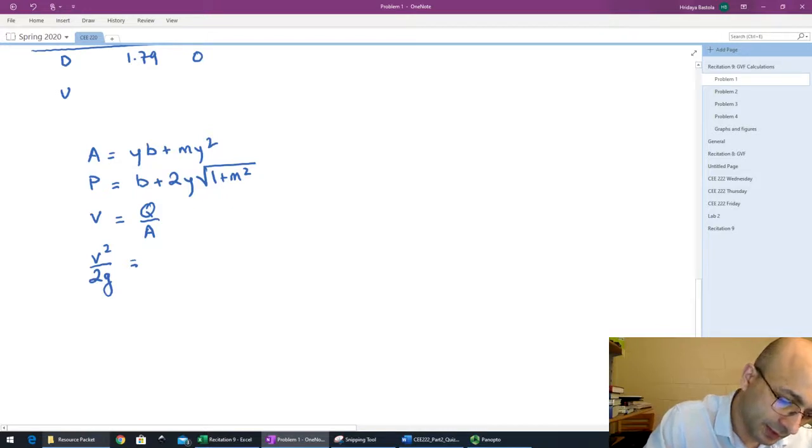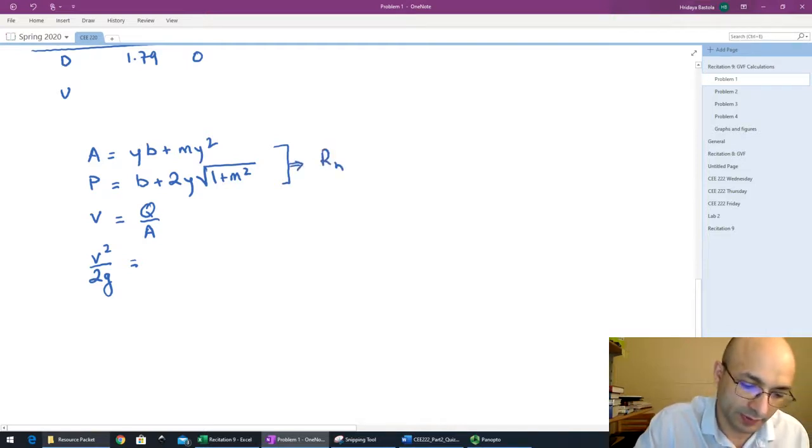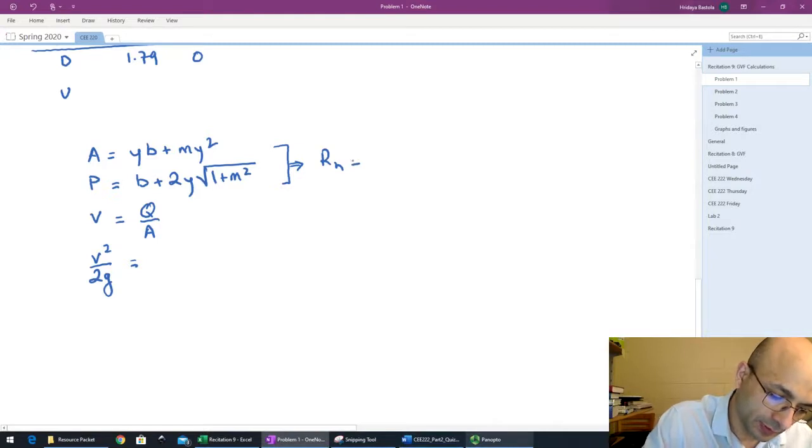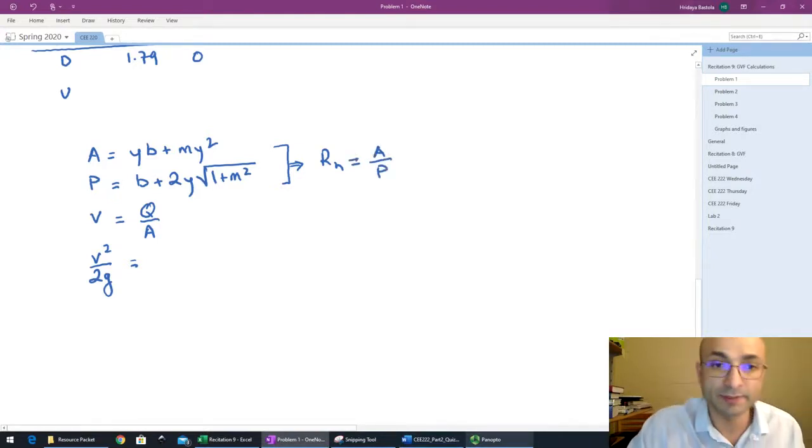After we get our area and wetted perimeter, we can calculate the hydraulic radius, and that is going to equal area over perimeter.